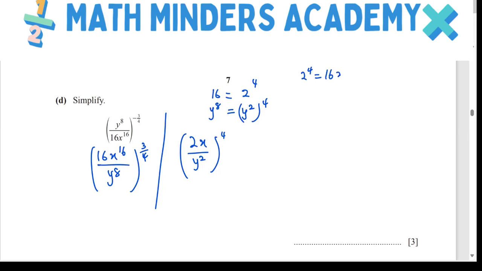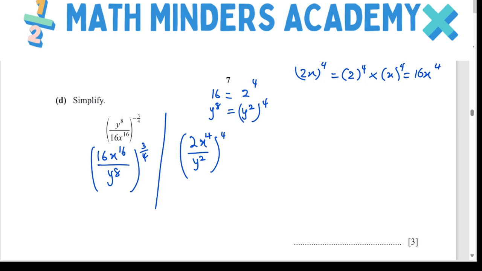If you do this, let me explain that very well. If you have 2x all raised to power 4, it is going to be 2 raised to power 4 multiplied by x raised to power 4, and that is going to give us 16x raised to power 4, okay? So we are going to have x raised to power 4 here, okay?